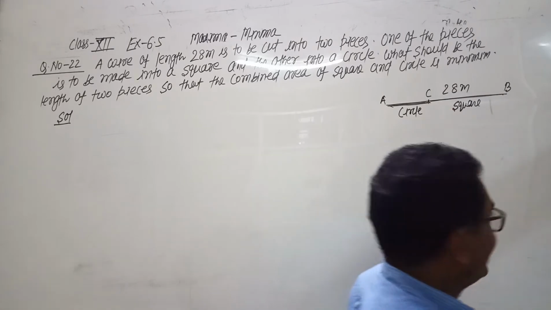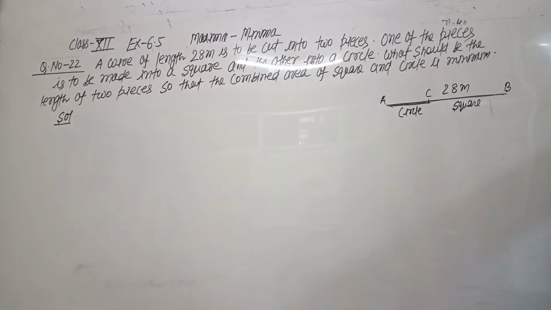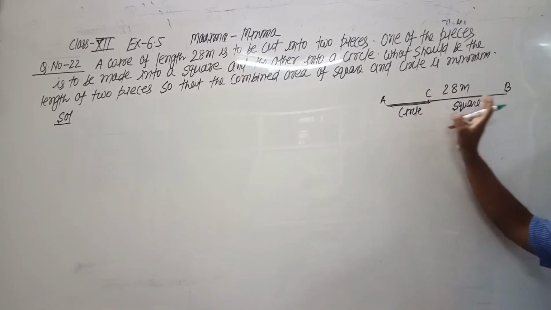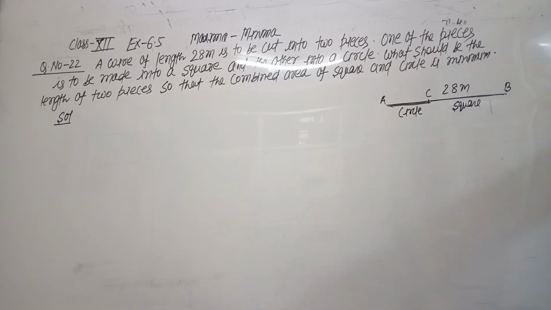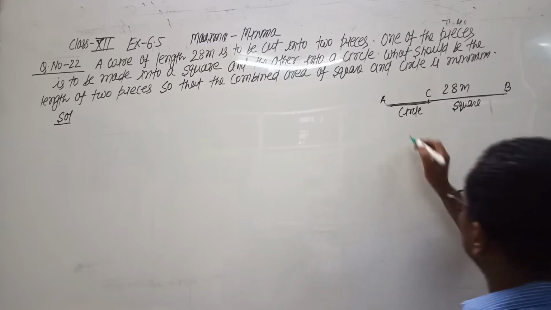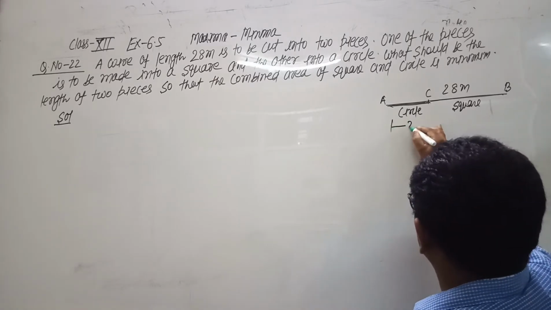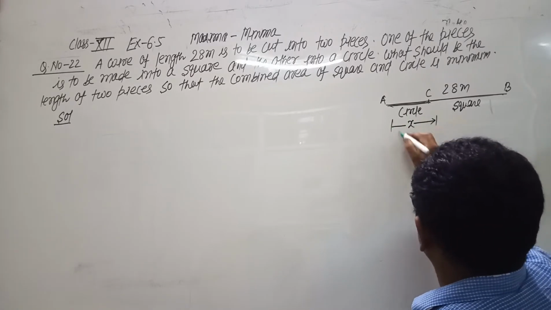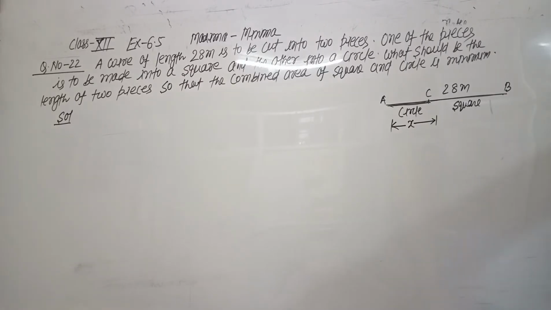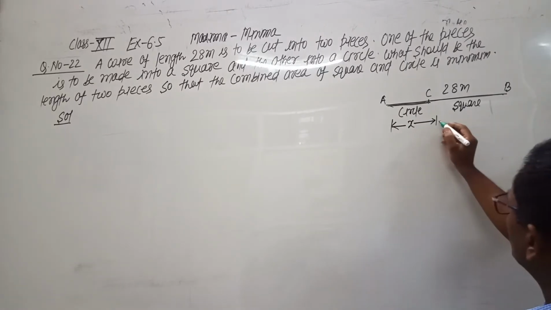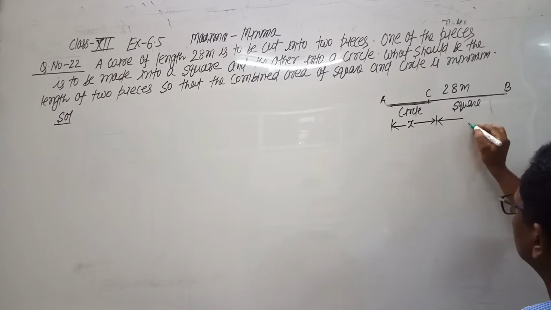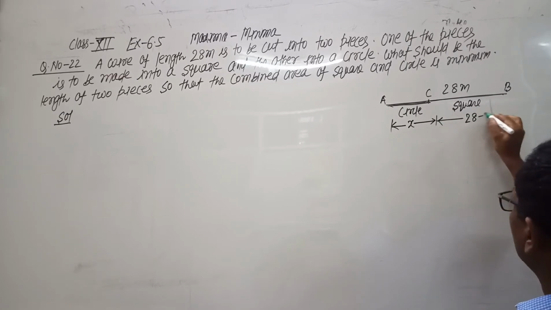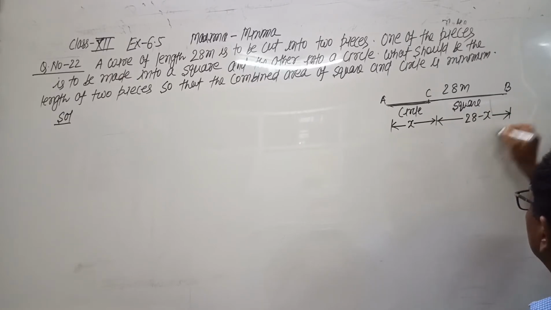The lengths of AC and BC we have to find, so that the combined area of the square and the circle is minimum. Let the length of the wire from which a circle is made be x, and the portion of the wire from which a square is made will become 28 minus x.